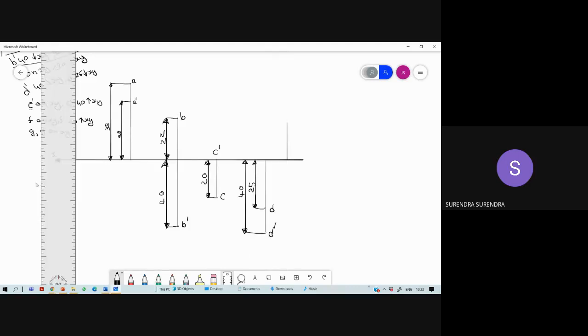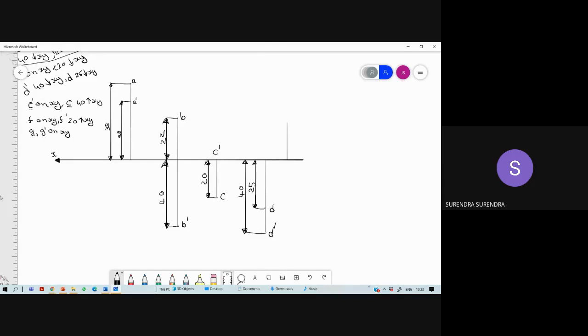So point F on XY line, and F dash 20 mm above XY line. So complete the dimension. I'm drawing with the free hand. 20 mm.